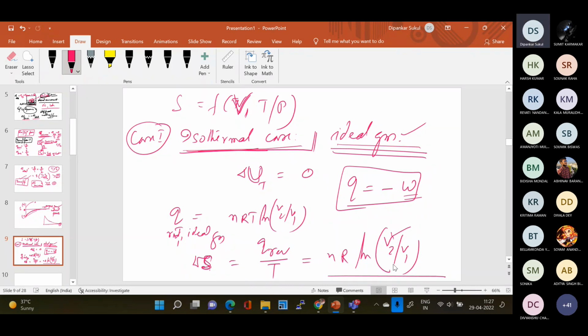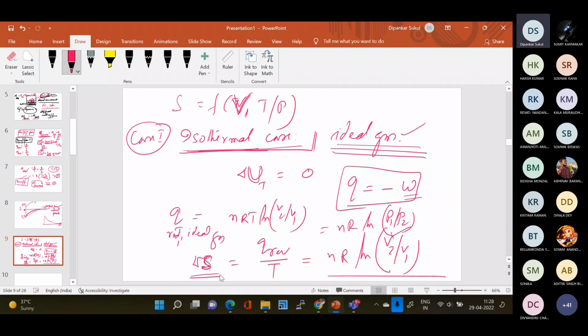Now, we can also write it as nR ln P1 by P2, because for an ideal gas, V2 by V1 will be equal to P1 by P2 when temperature is constant. So this is the variation with either volume or pressure under isothermal condition for an ideal gas, change of entropy.